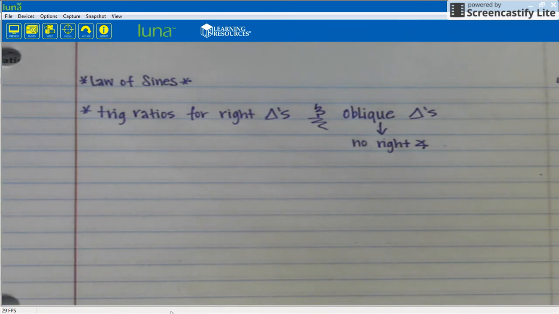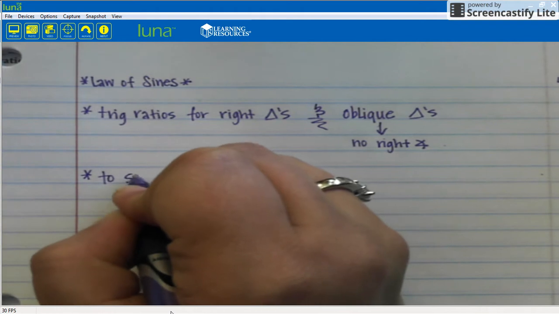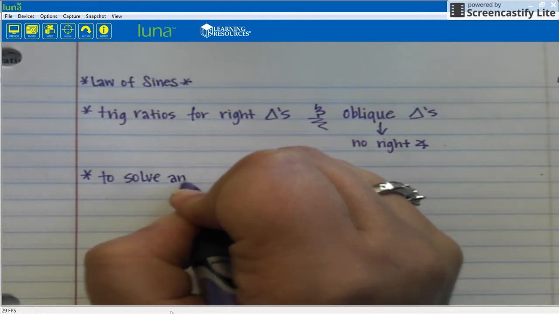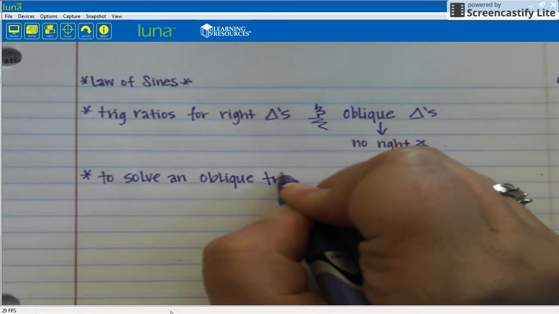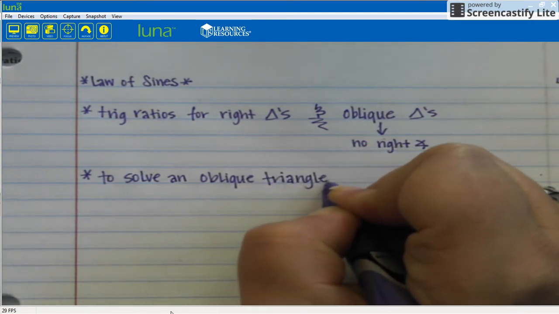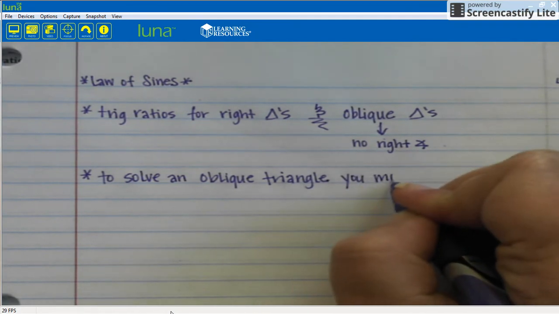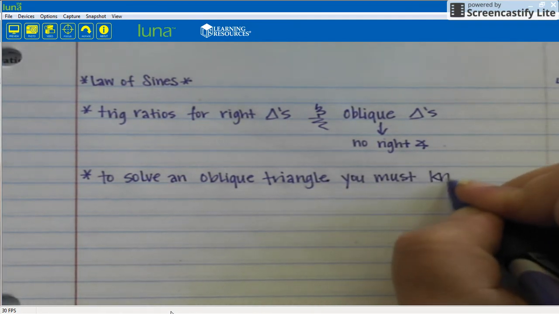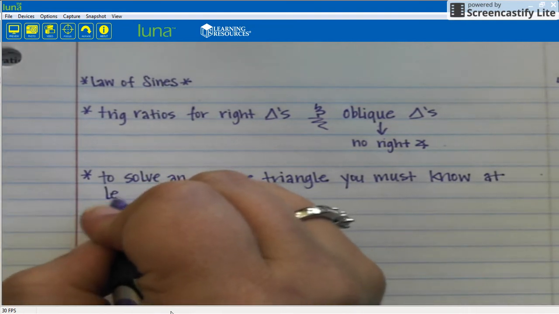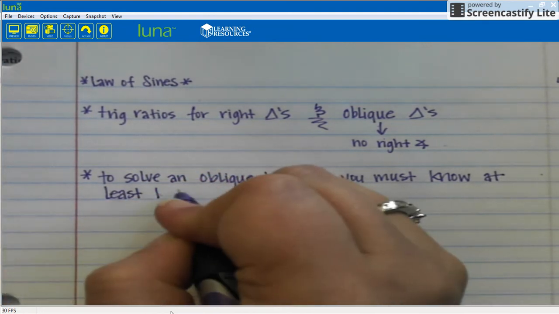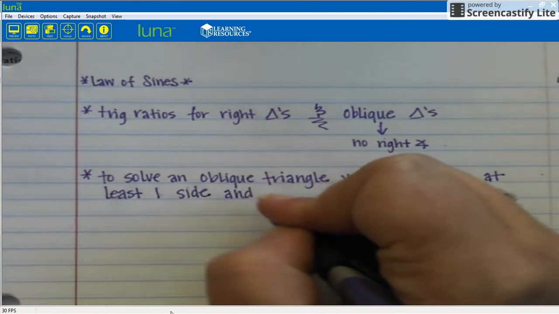Okay, so in order to solve an oblique triangle, you must know at least one side and any two other parts.